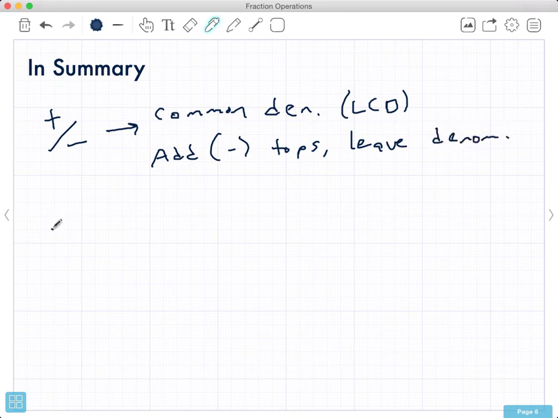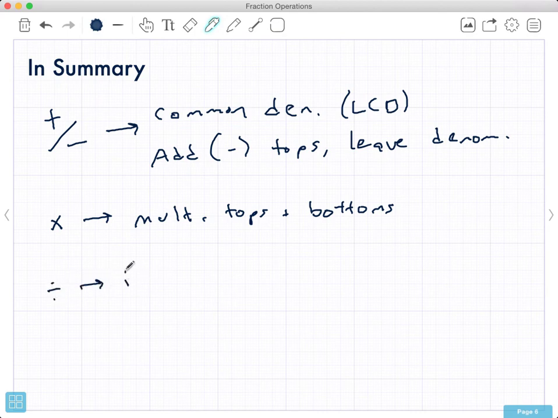When you're multiplying, just multiply tops and bottoms. Or numerators and denominators if you want to be formal. And when you're dividing, the phrase to remember is invert and multiply.